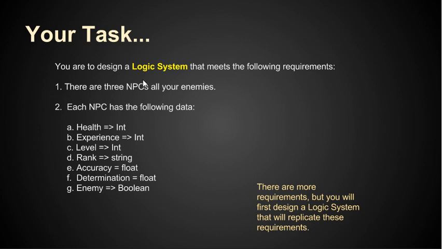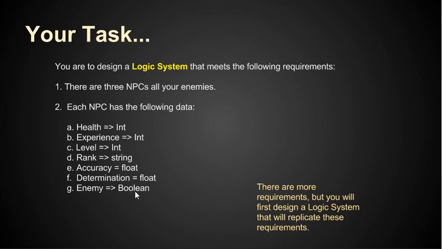You are to design a logic system that meets the following requirements. There are 3 NPCs, 3 non-player characters, all of them your enemies. Each NPC has the following data: health, which is an integer; experience, which is an integer; a level, which is an integer; a rank, which is a string; an accuracy, which is a float; a determination, which is a float; and an enemy, which is a boolean.